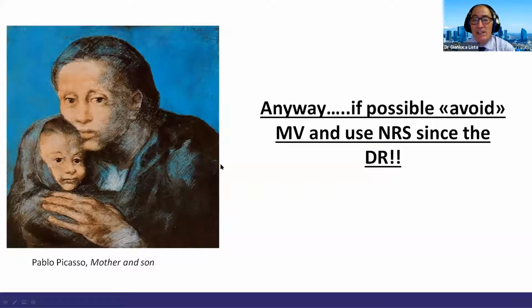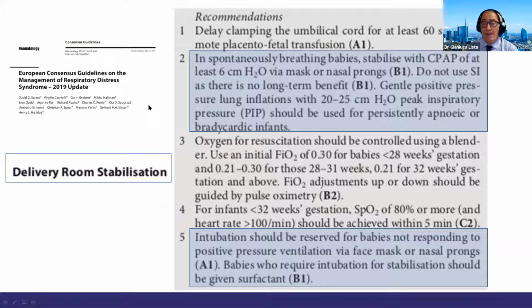Anyway, if possible, avoid mechanical ventilation and use non-invasive respiratory support from the delivery room, as suggested by the recent European Consensus Guidelines. For all spontaneously breathing babies, you can stabilize them in the delivery room with CPAP, with a CPAP level of at least 6 centimeters of water, by mask or nasal prongs.